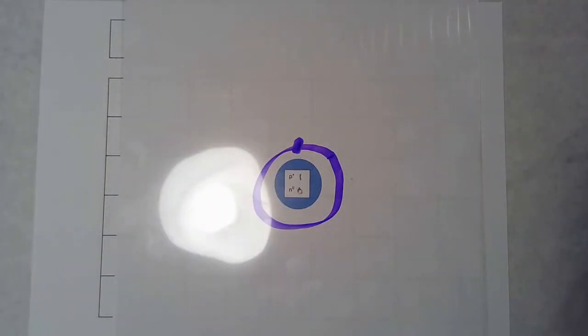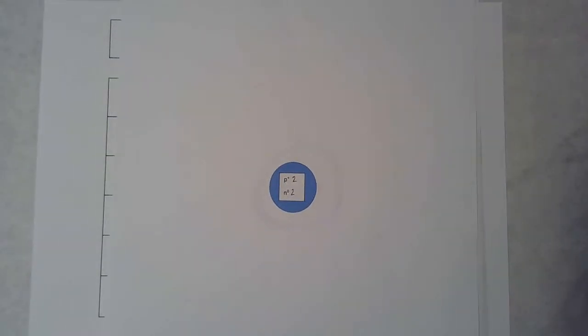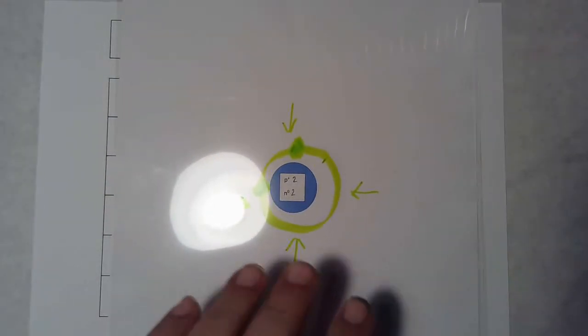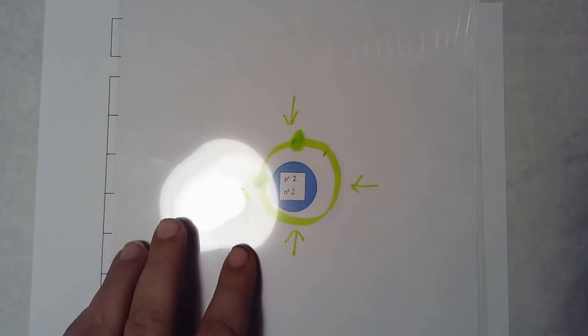So what happens when it gets bigger? When we go to helium, helium has a mass of 4. So in order to become helium, it had to gain 1 proton and 2 neutrons. So we're getting a lot of mass added to the center of the nucleus. This mass creates a directional gravitational pull.